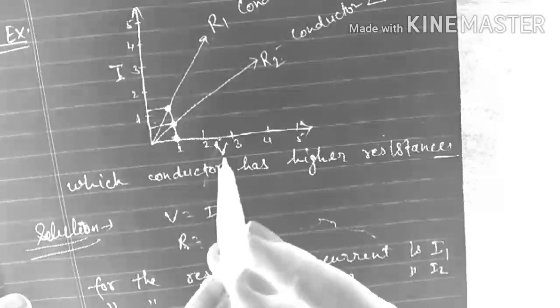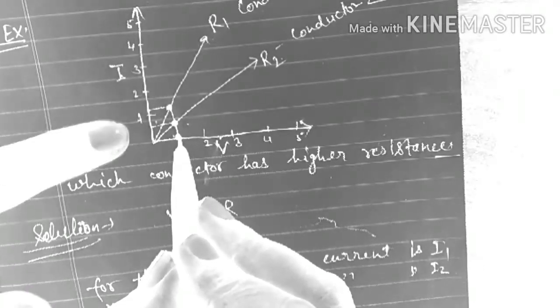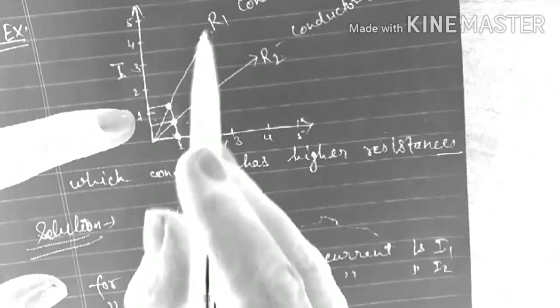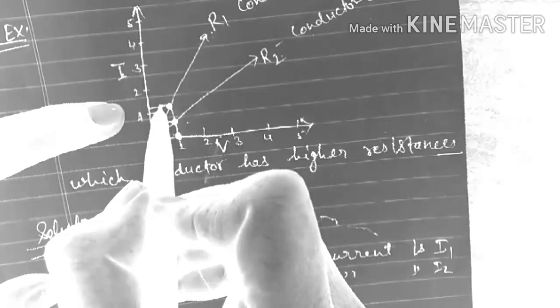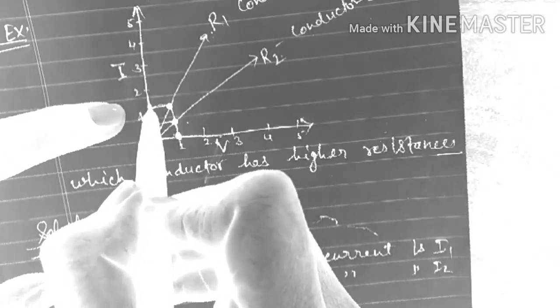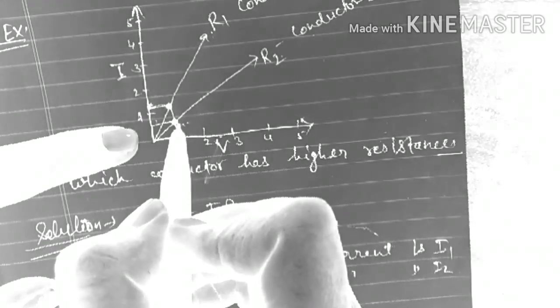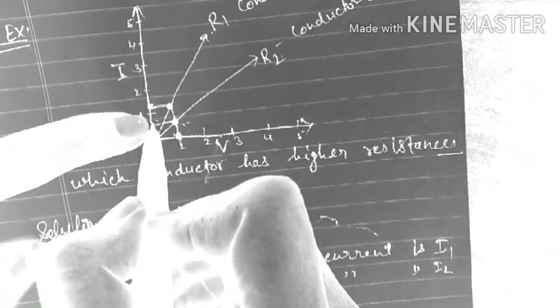V is constant from the figure. It is 1 volt. For resistance R1 the current is I1. I1 is 1 point something and I2 is 0 point something.